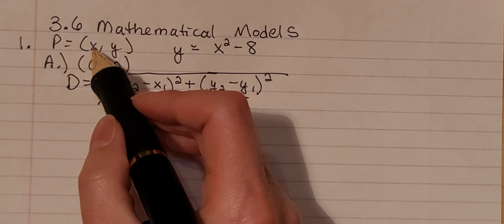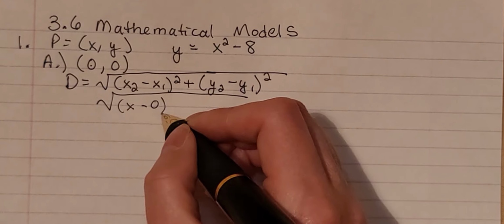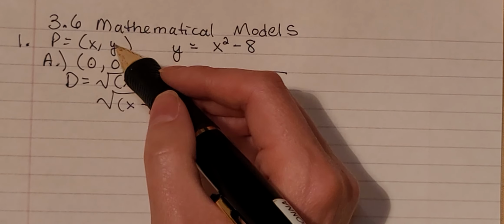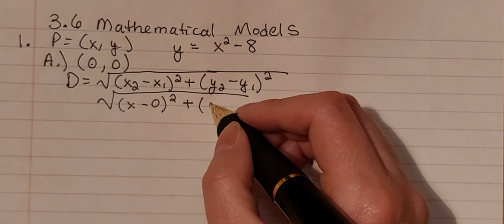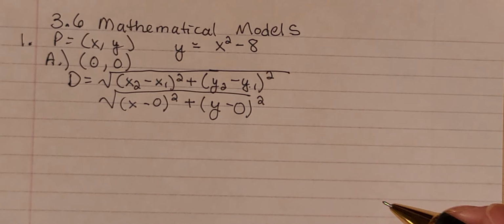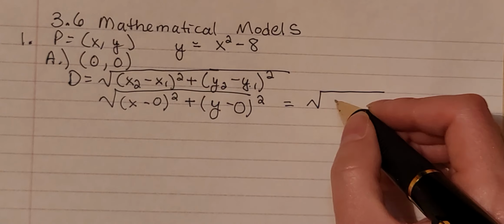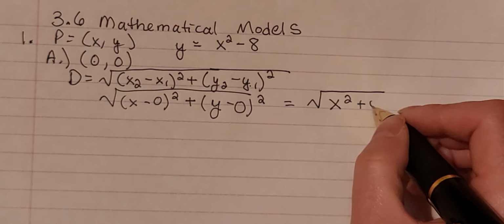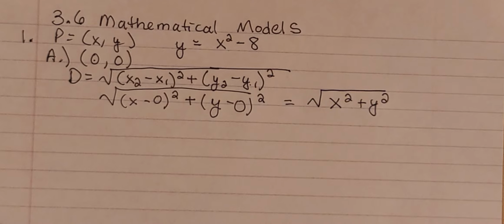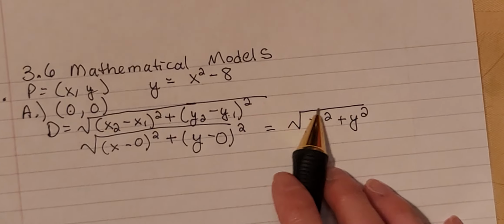So x2 is x, x1 is 0 squared, plus y2 is y, y1 is 0 squared. We reduce that down, get rid of the zeros. So I get x squared plus y squared. That's going to be our starting thing.